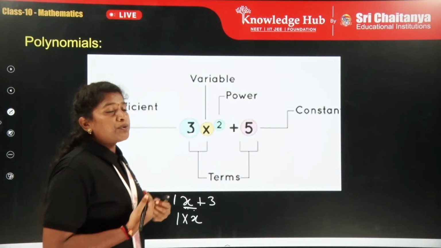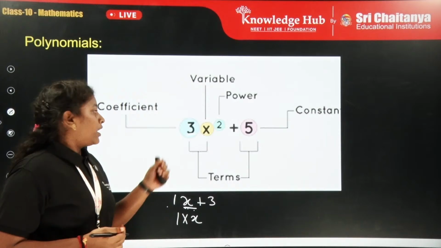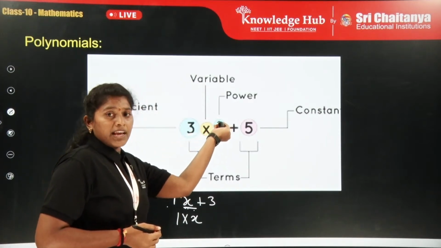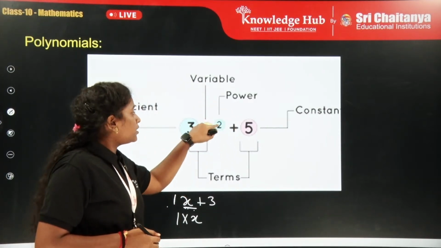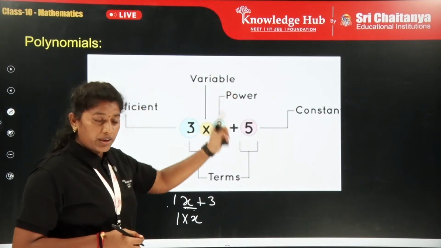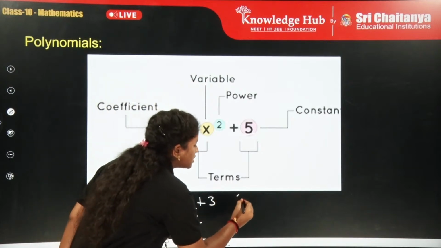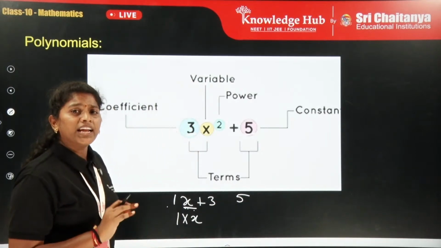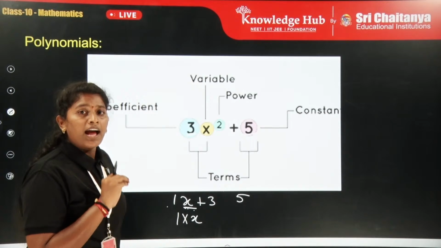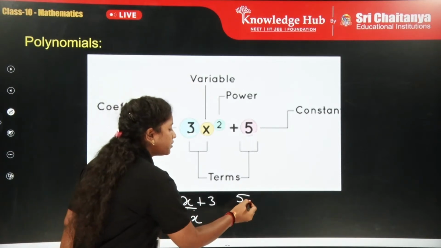Okay. So in exponents and powers, we know that in x raised to the power 2, the 2 is the power. Now moving to the next term, which is your 5. Here I do not have any variable, that means I do not have any letter. So how can we represent that?